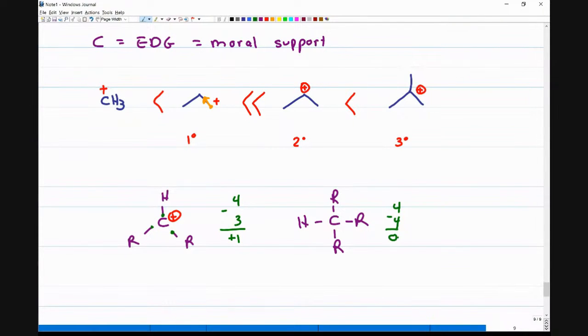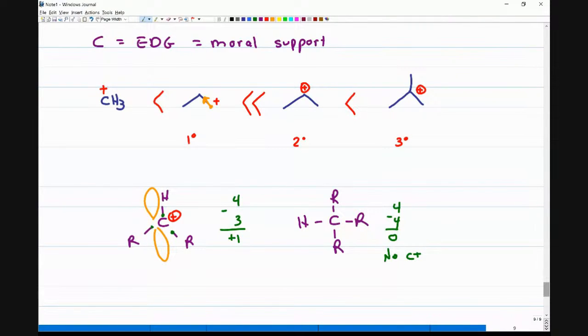Directly attached 4, it's got a formal charge of 0. That means there is no carbocation here because it has 4 bonds. If I have 3 rather than 4 bonds, then we have an empty orbital. So what I didn't show you here is that I have an empty orbital, and that is where the carbocation resides. A positive charge means it's hungry. It's a carbocation, it's missing something.